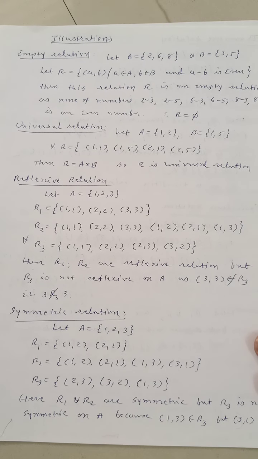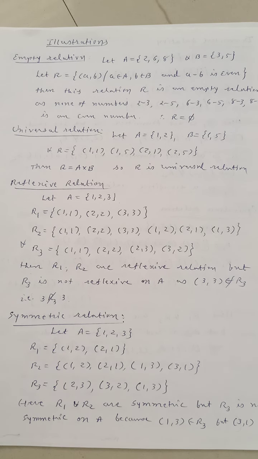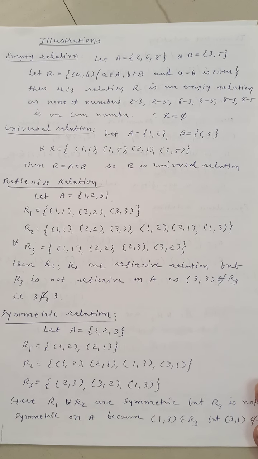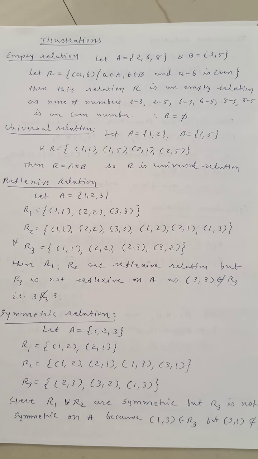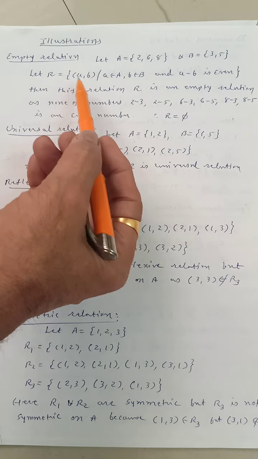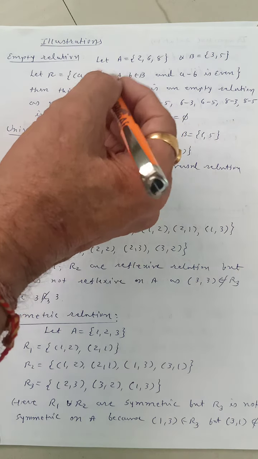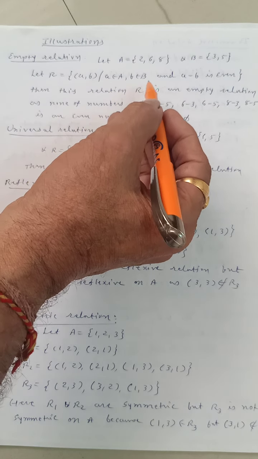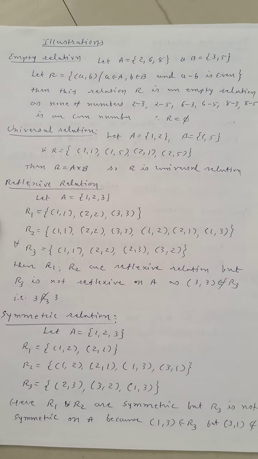See, one example I consider here, empty relation. Let capital A be {2, 6, 8}, be careful all of you, and B be {3, 5}, and suppose we choose relation R defined this way: the set of ordered pairs (a, b) such that a belongs to A, b belongs to B and a minus b is even.